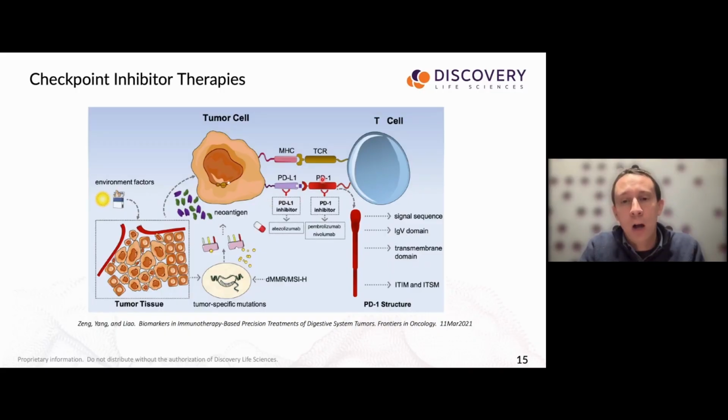The interaction of PD-1 with PD-L1 on these tumor cells turns these T cells off. They can't actually kill the cell that they're targeted against. So the idea of these next generation checkpoint inhibitor therapies is that they block this interaction of PD-1 with PD-L1. This removes that inhibitory brake on these T cells, allows them to become reactivated and ultimately kill the tumor cell.